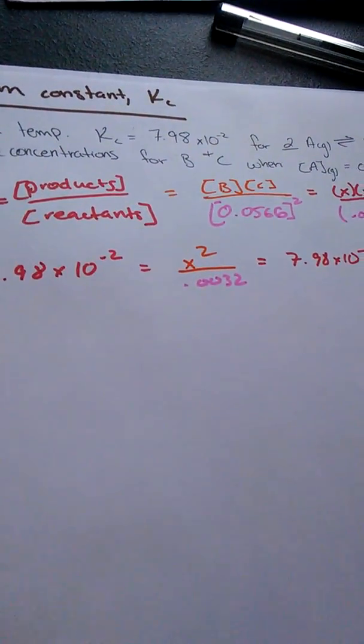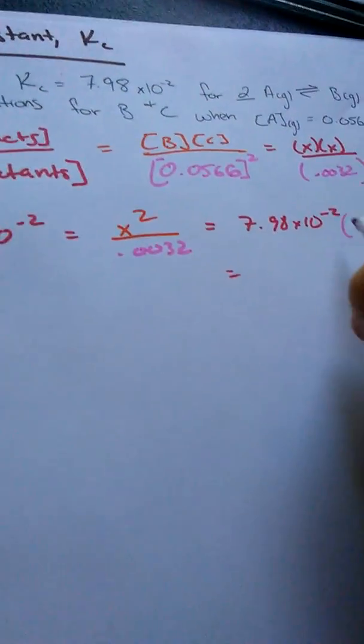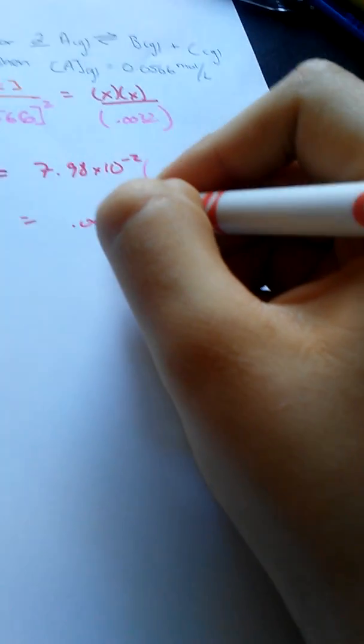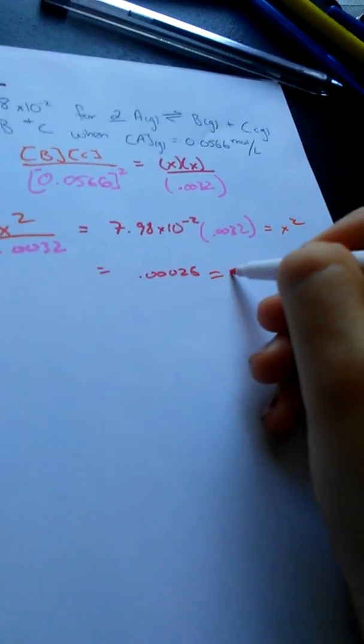So I did this, and when you multiply these two, you get 0.00026 equal to x squared.